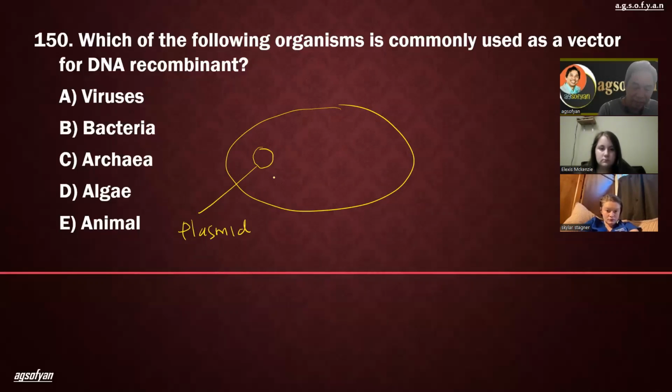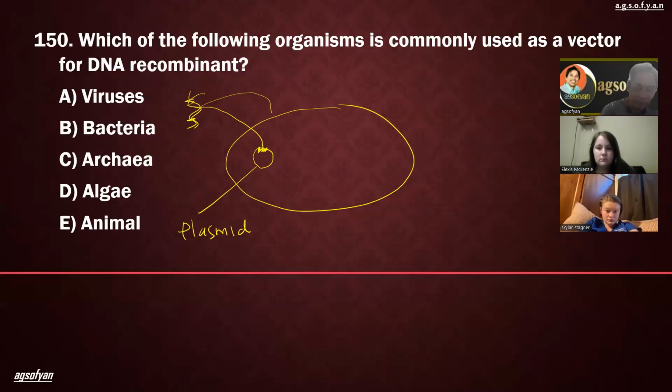Basically, other organism's DNA will be attached to this plasmid, and then this organism will produce the type of proteins that this DNA carries.